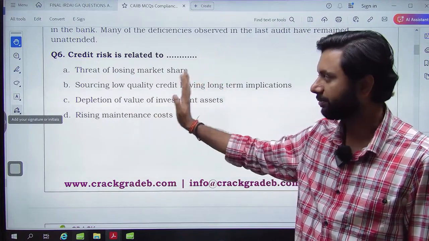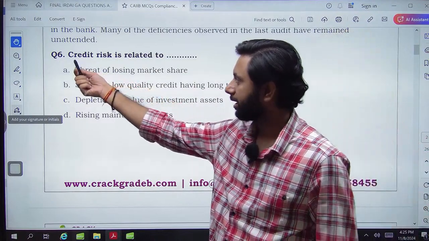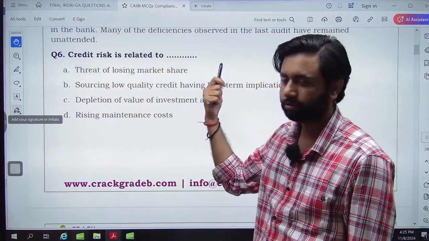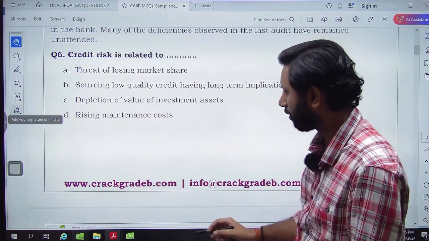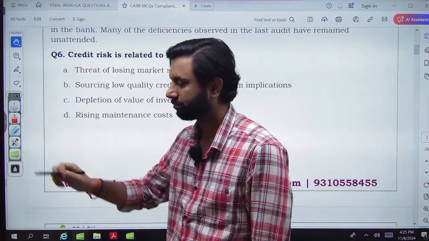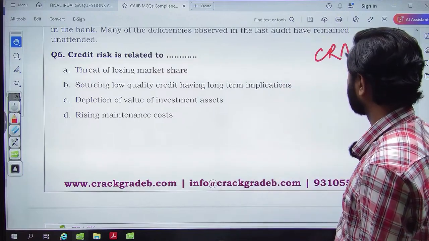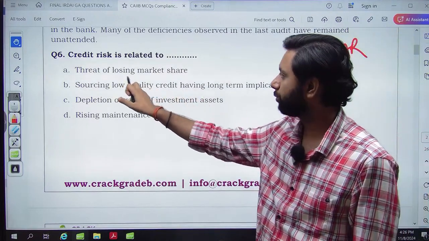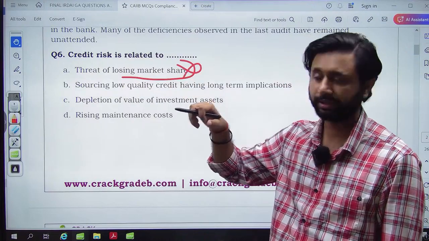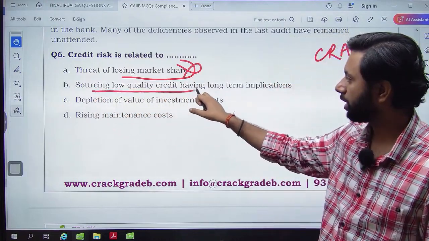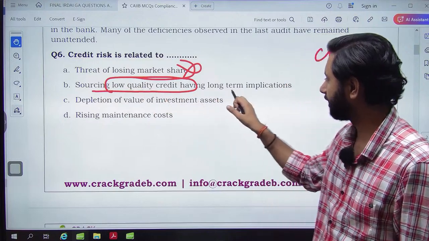You can easily come up with the answers because think, credit risk is related to what? If you know the concepts of credit risk, which we've also seen in the context of CRAR: the threat of losing market share, no, it's a business risk. Sourcing low quality credit, having long-term implication.